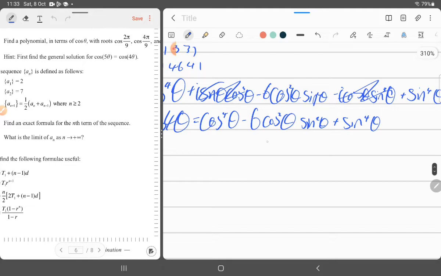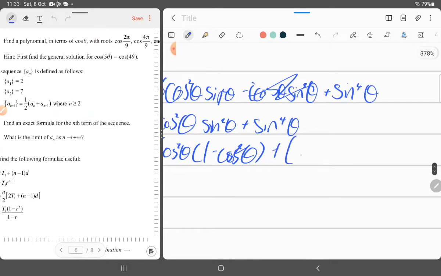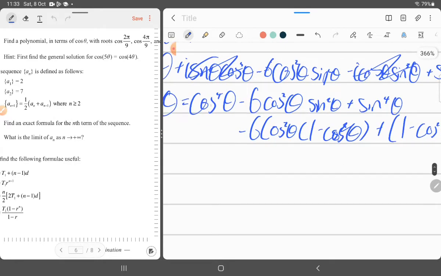So this is 6 cosine squared theta because 1 minus cosine squared theta plus minus cosine theta all squared. Cosine 4 theta.